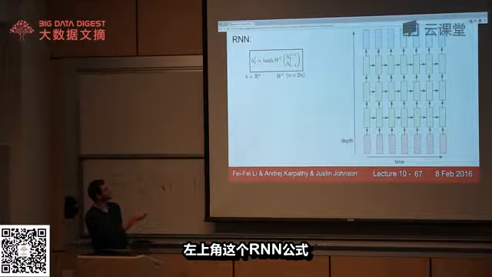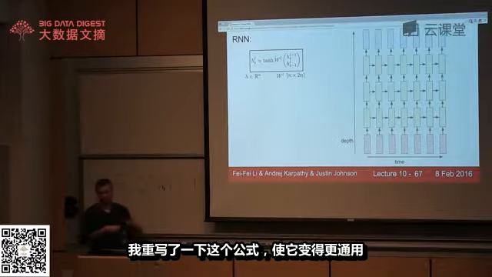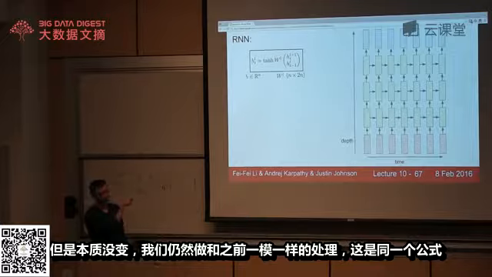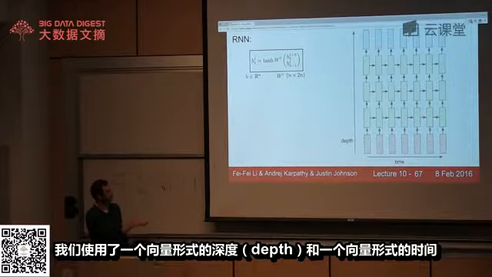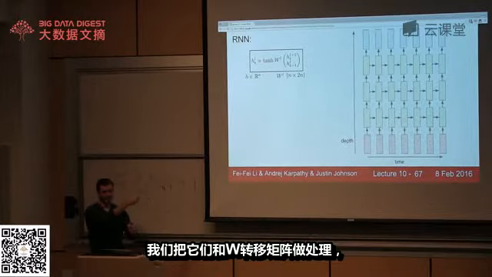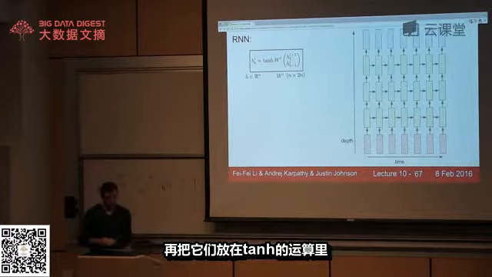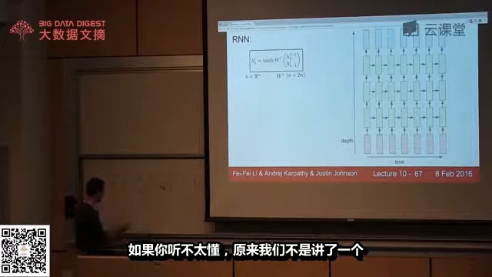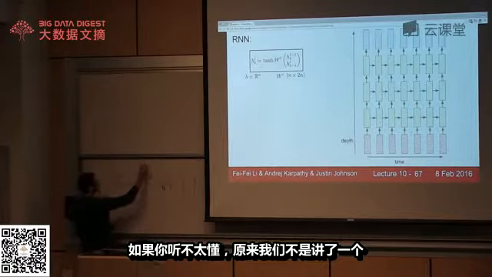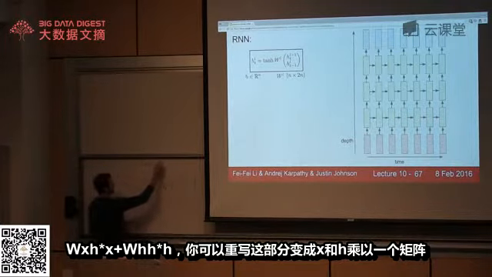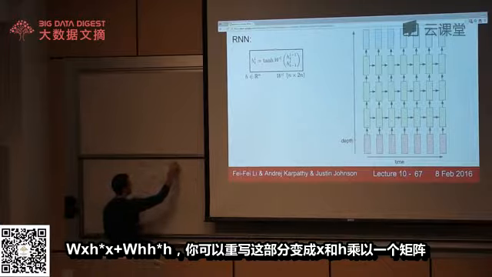Now, this recurrence formula at the top, I've rewritten slightly to make it more general. We're still doing the exact same thing as before. This is the same formula. We're taking a vector from below in depth and a vector from before in time, concatenating them, putting them through this W transformation, and then squashing them with the tanh. If you're slightly confused about this, there was a W_xh times x plus W_hh times h.